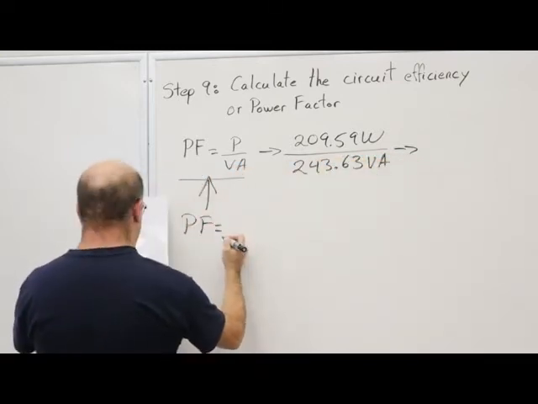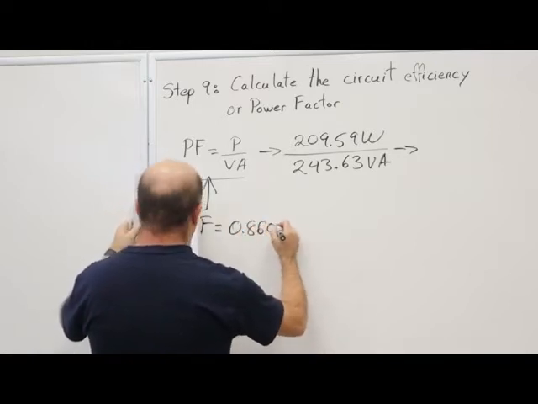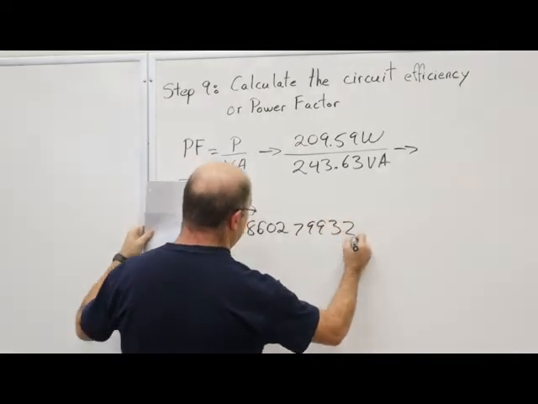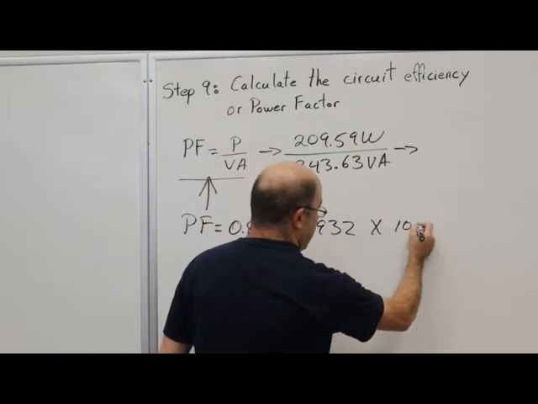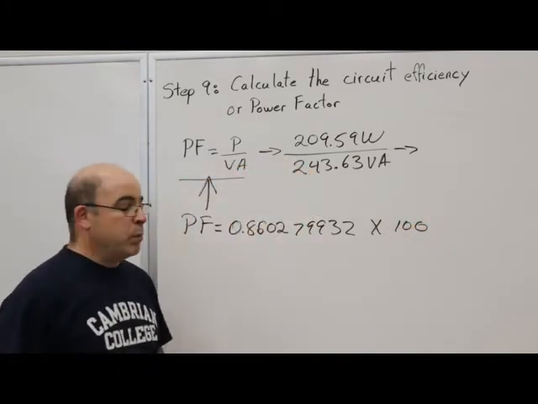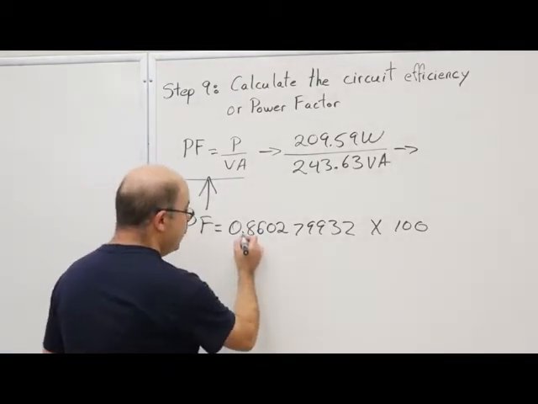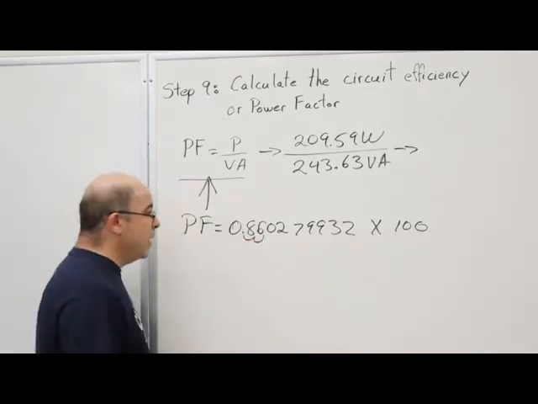Power factor is equal to 0.860279932. Now, obviously, we're going to have to multiply this by 100 in order to get the expression as a percentage. Or you could do as I do, is I'll just move the decimal 2 spaces to the right.